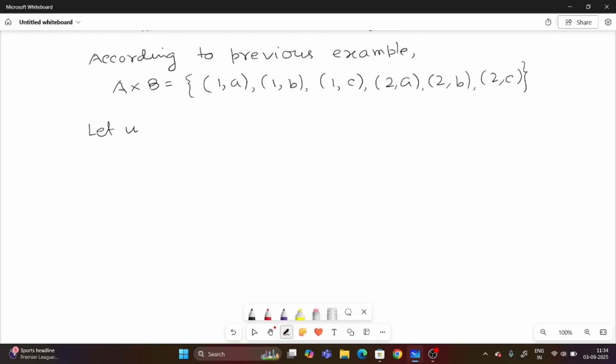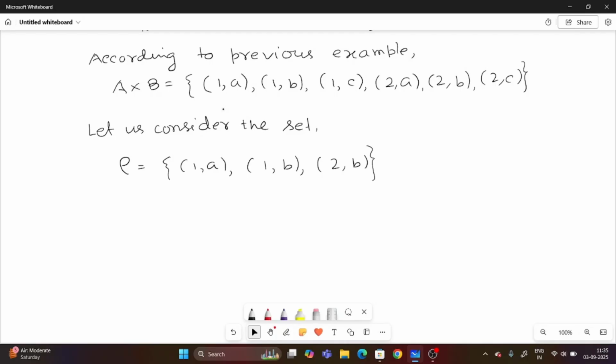Let us consider the set rho equal to {(1, a), (1, b), (2, b)}.